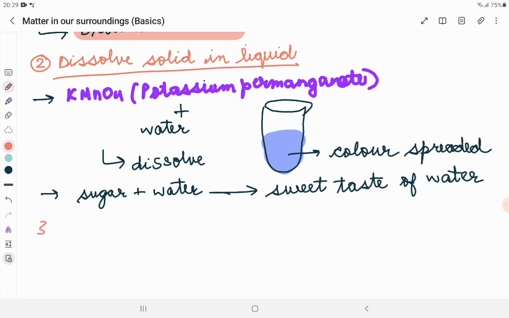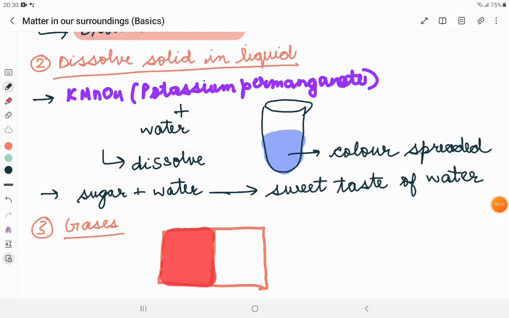Now the third example we can take is of gases. Let us see how gases help us prove the theory that particles are in motion. Now see, we have this gas, which is known as bromine gas. We take two chambers, chamber number 1 and chamber number 2, separated by one wall.